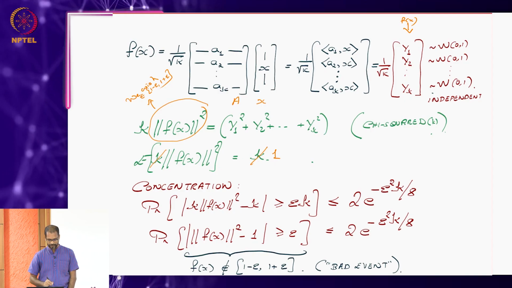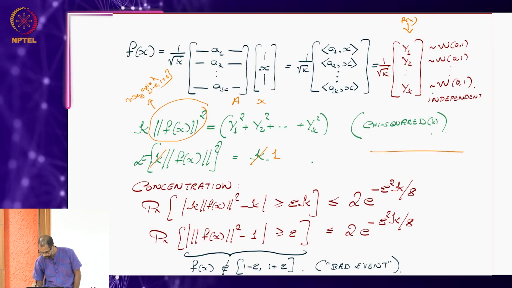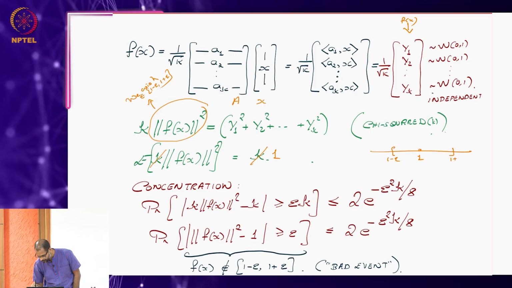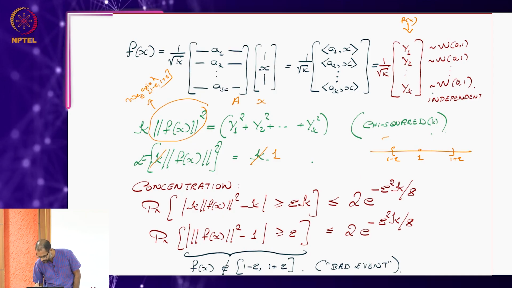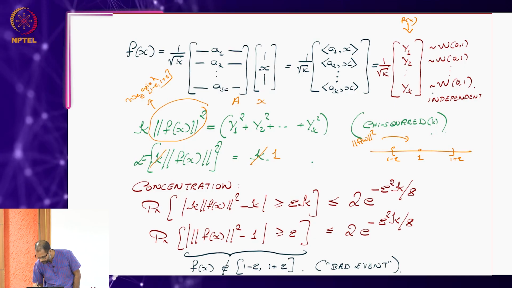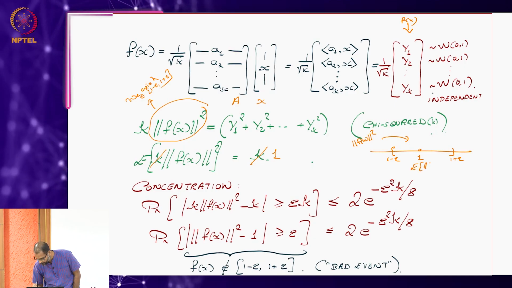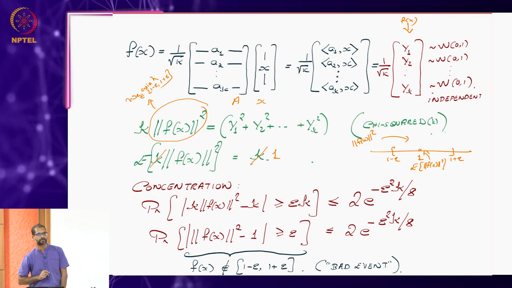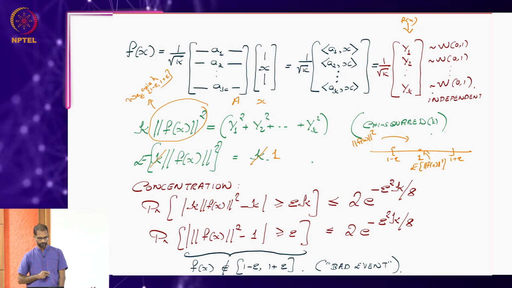Okay. The expectation is at 1. Think of this interval as 1 minus epsilon, 1 plus epsilon, and this is where we would like our norm of f x squared to fall. Thankfully, the expectation of norm of f x squared is sitting right at the center, which means we are so far so good.